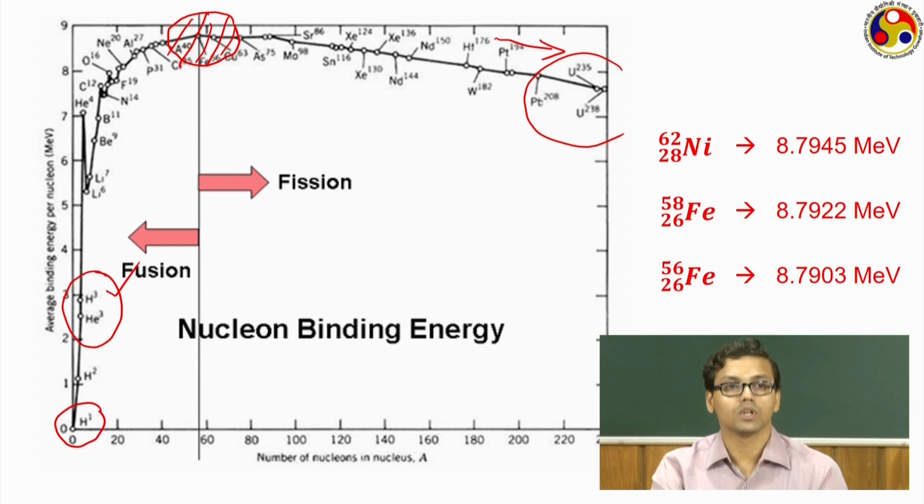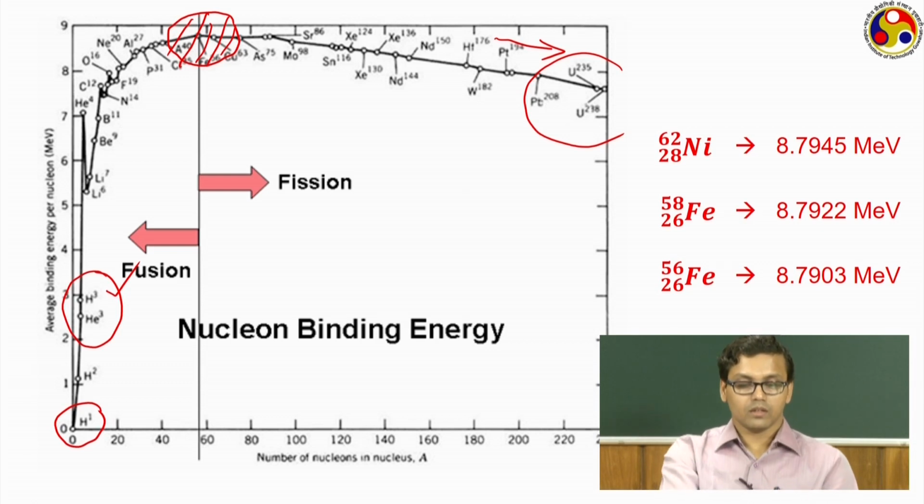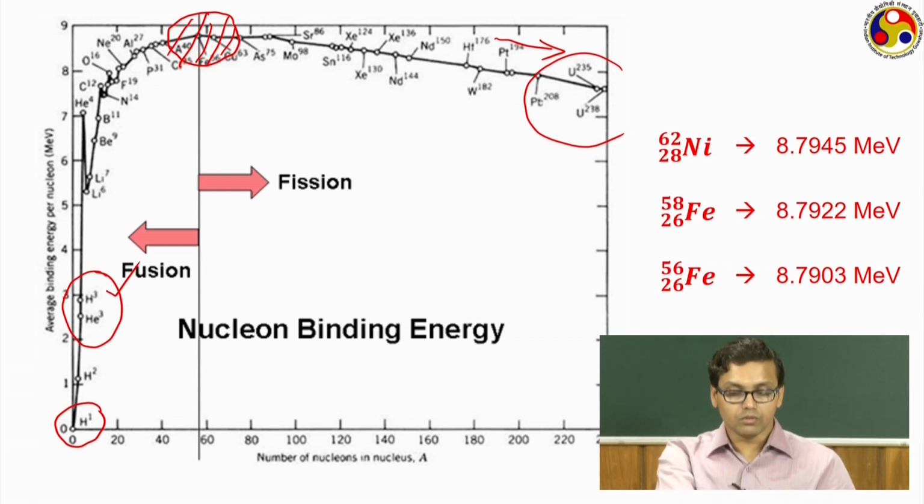Fusion refers to two lighter nuclei combining together to form a heavier nucleus. Therefore, deuterium, tritium, helium 3, etc., these lighter nuclei are most likely to undergo fusion kind of reaction. And the entire science of nuclear power generation is based upon controlling this fission and fusion reaction.